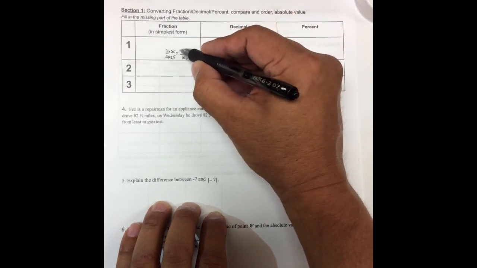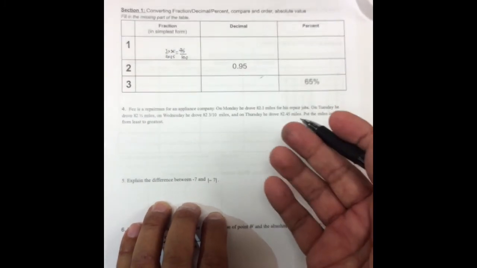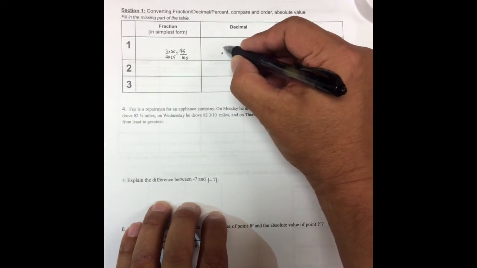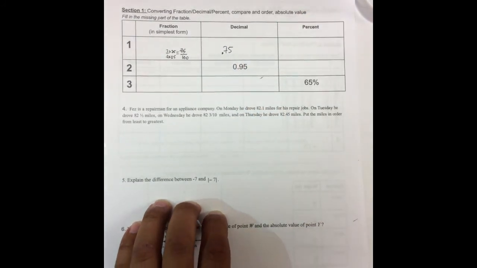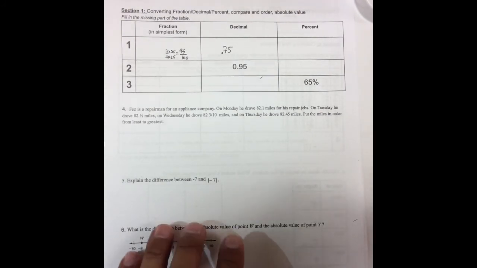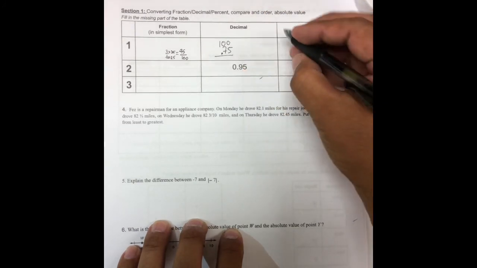25 times 3 is 75. So now I've got 75 hundredths. Written as a decimal, 75 hundredths is 0.75. And then once I have the decimal form, I can multiply by 100.